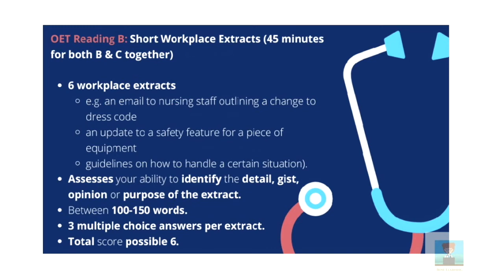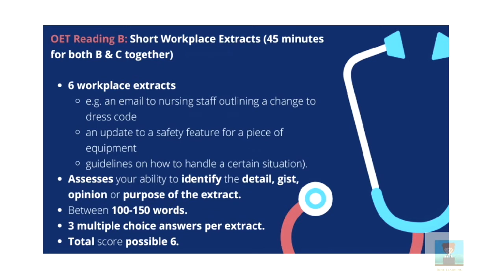This part assesses your ability to identify the detail, gist, opinion, or purpose of the extract. Each extract is between 100 to 150 words long, and they're not connected to each other. There are 3 multiple choice answers per extract, and there's a total possible score of 6.